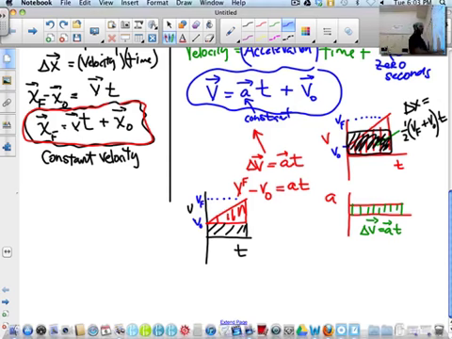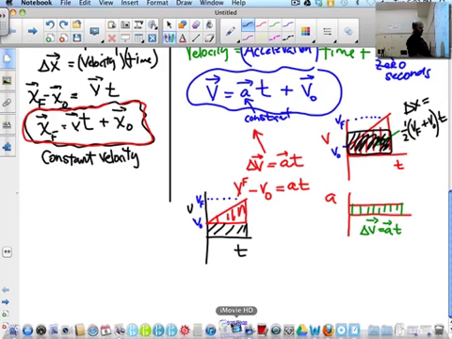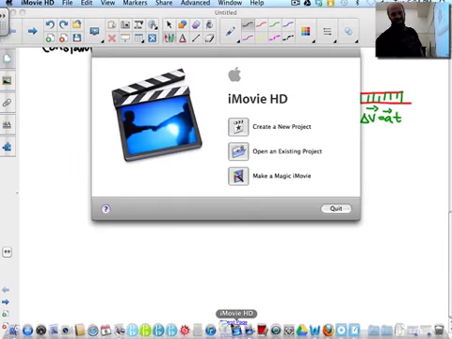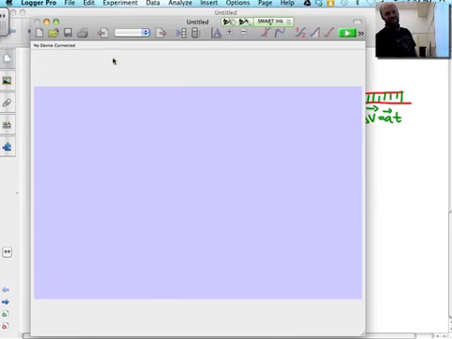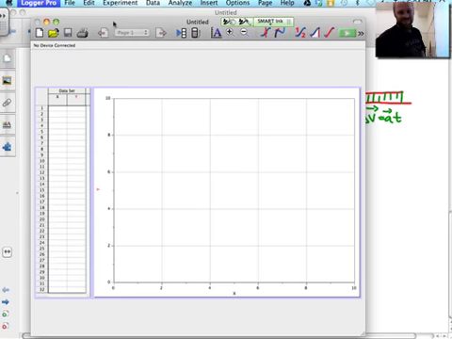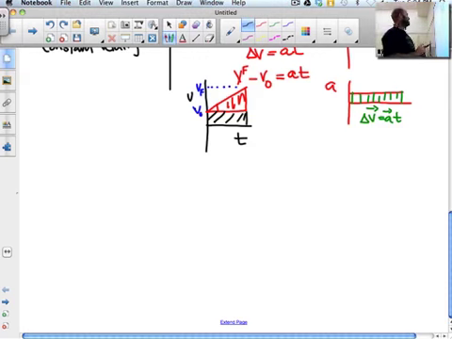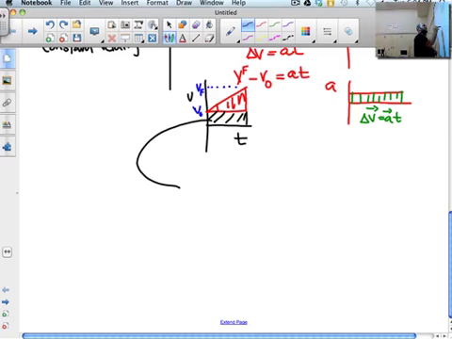And let's add those, the triangle and the rectangle, okay? So let's do this. The rectangle is going to be v naught t plus, now this height here is going to be v final minus v initial. And I got to do 1/2 because it's a triangle, times t.